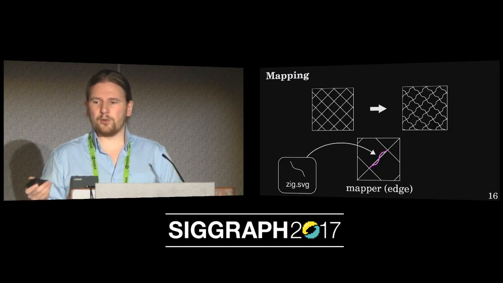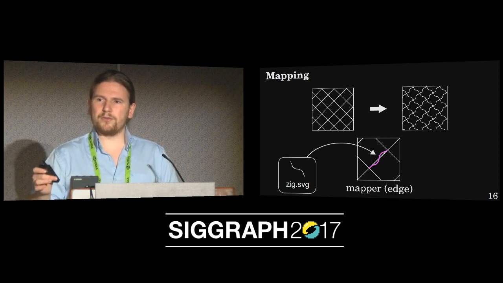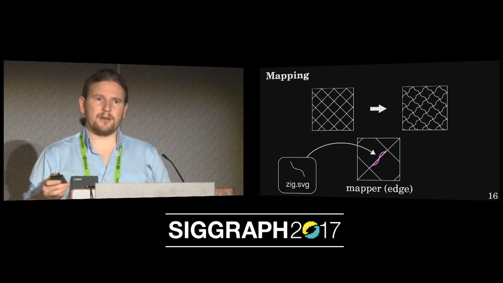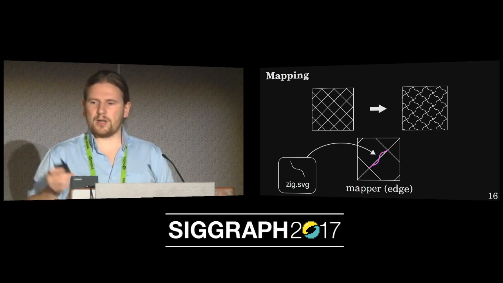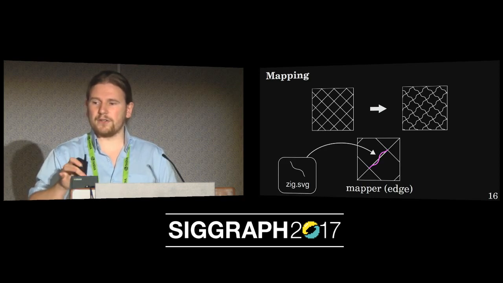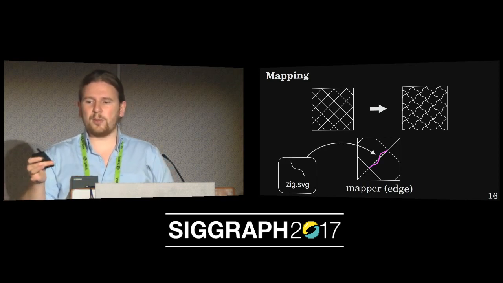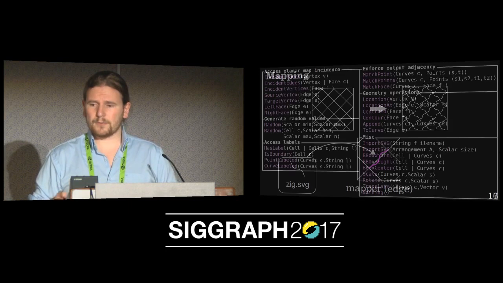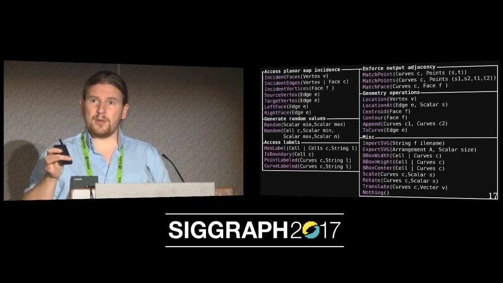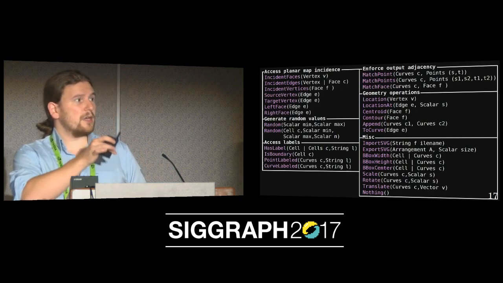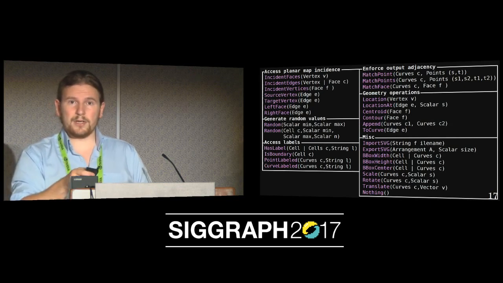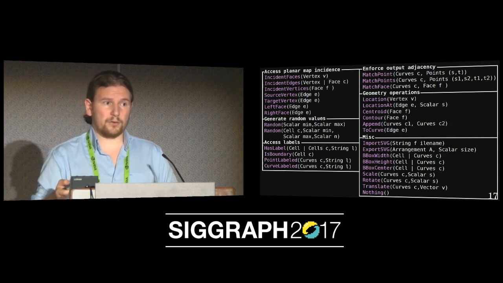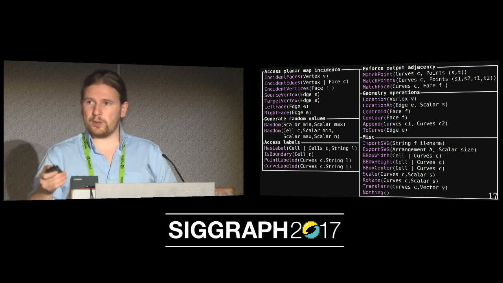And finally, you can operate on all the types of geometrical primitives you can get in these planar structures. Or for instance, instead of playing with the faces, you can play with the edges. So this is the API that was used in the mapping operators for all the results you're going to see in this talk. So that's a pretty short API for a programmable approach.